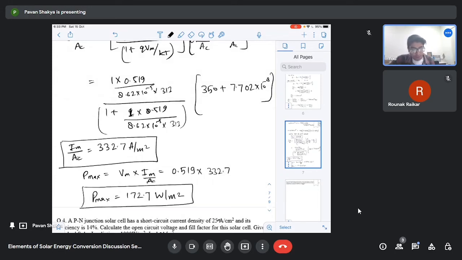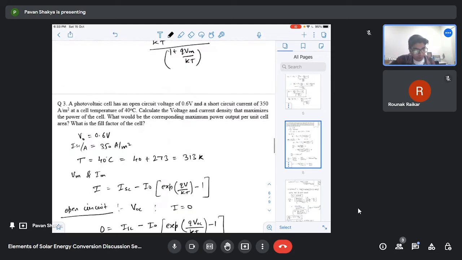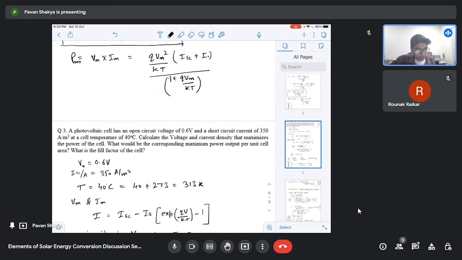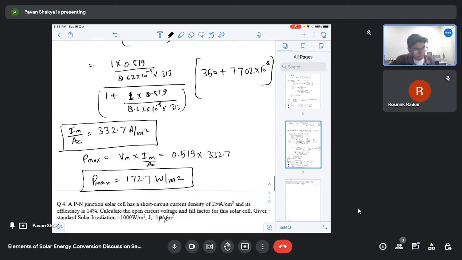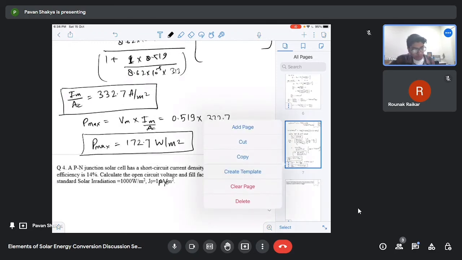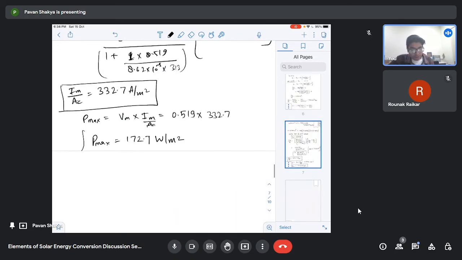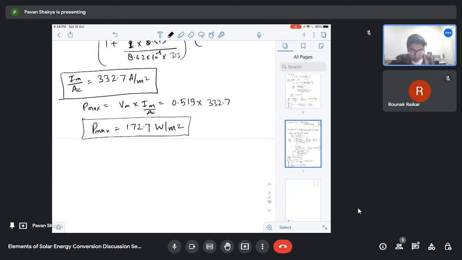Okay, now in this problem we also have to find out the fill factor. So we know that the fill factor is equal to the maximum power divided by the ideal power, that is VOC multiplied by the ISC.